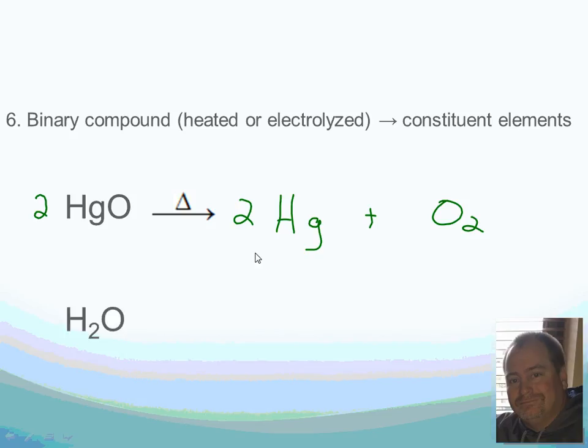Our last one is water. Some of you folks, if you took IPS with Mr. Scott, you actually hooked up electric current onto water and collected the gases into two test tubes, and then you tested the gases. Yeah, you did it. So, if I take water and I electrolyze it, I'm going to break it down into hydrogen gas, which is a super 7, and oxygen gas, which is a super 7.